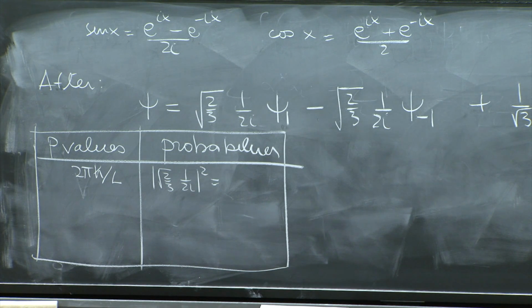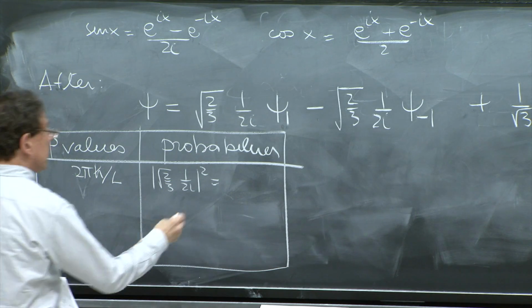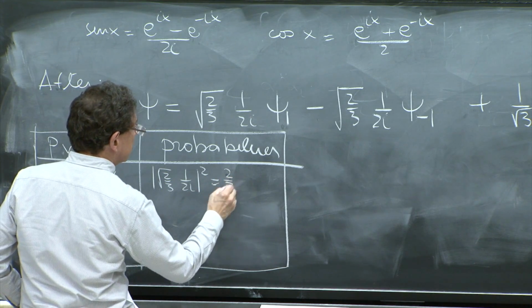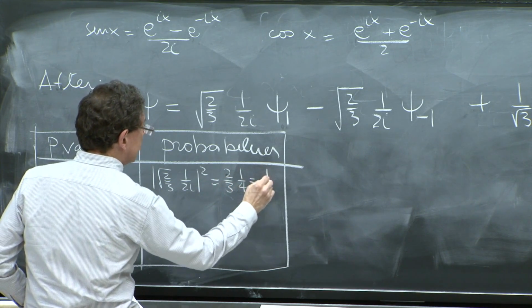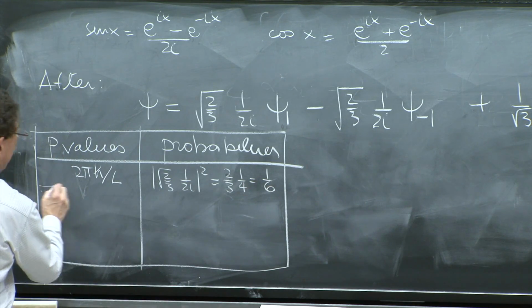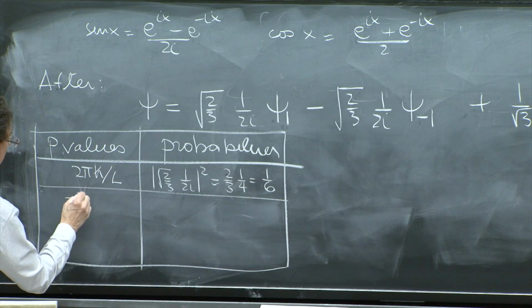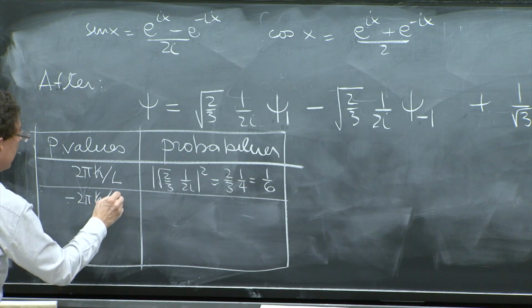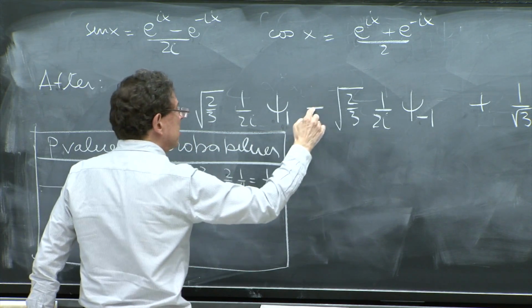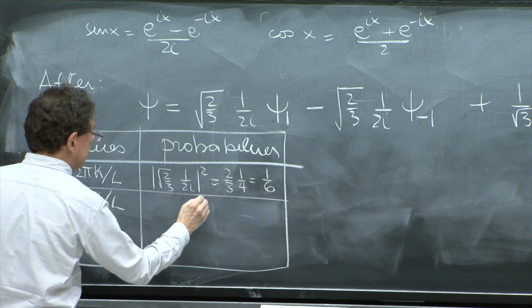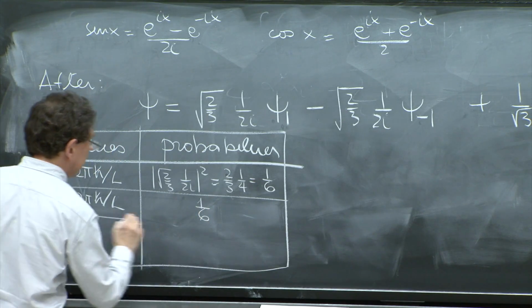It's 2/3 times 1/4, which is 1/6. And the other value that you can get is minus this one, so minus 2 pi h bar over L. This minus doesn't matter, probability also 1/6.